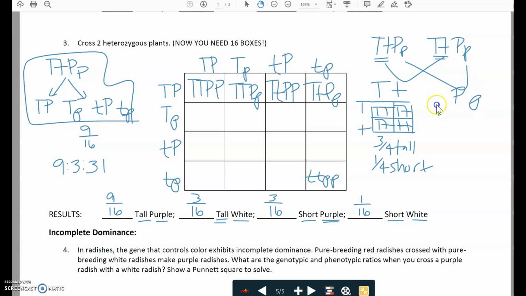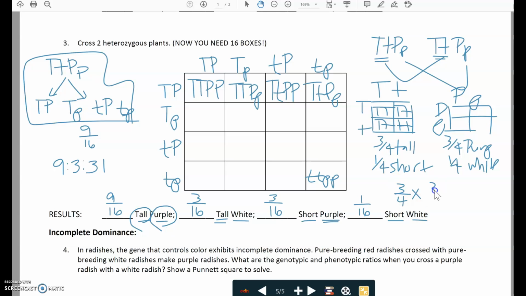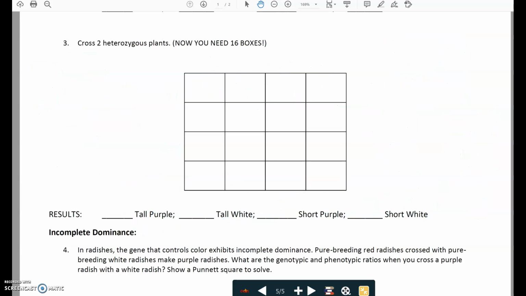Big P, little p, big P, little p. I'm not going to fill it out because we're going to run out of time. We're going to get 3/4 purple, 1/4 white. So, what are the chances of tall and purple? Well, 3/4 chance of tall times a 3/4 chance of purple, and we get, ta-da, 9/16, the same answer. So the product rule can be very helpful for this. All right, we're going to move on.